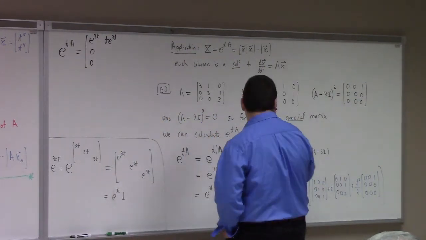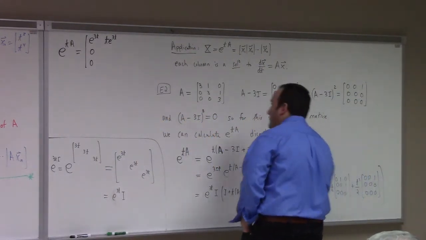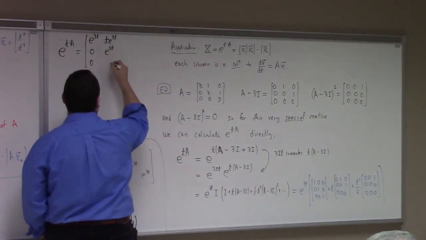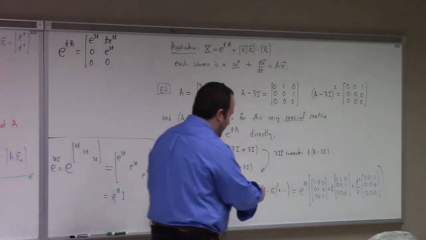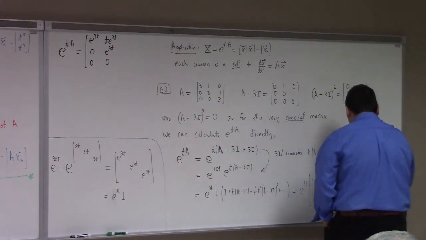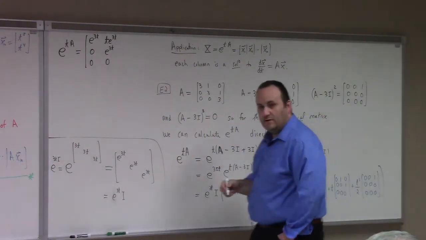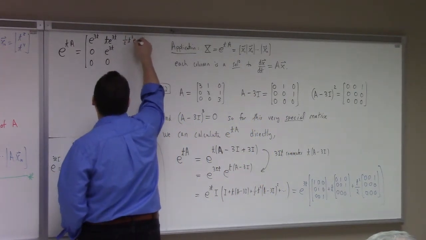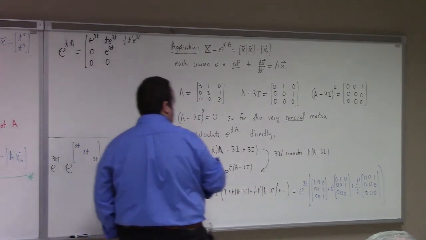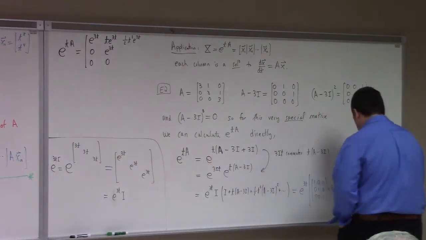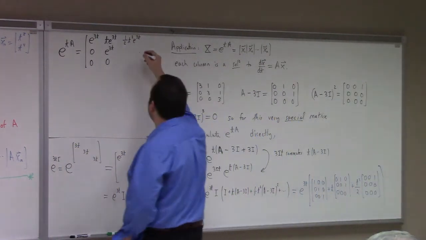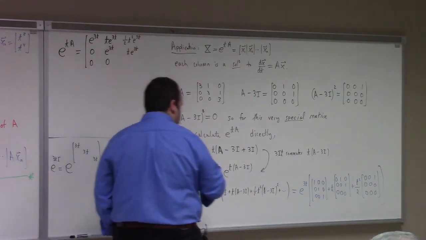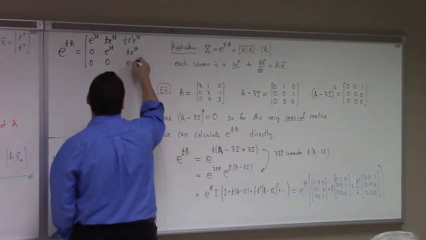The middle one is e to the 3t. 0, right? And then third column, looks like I pick up a 1/2 t squared e to the 3t, right? And what else do I got? t e to the 3t. And e to the 3t.